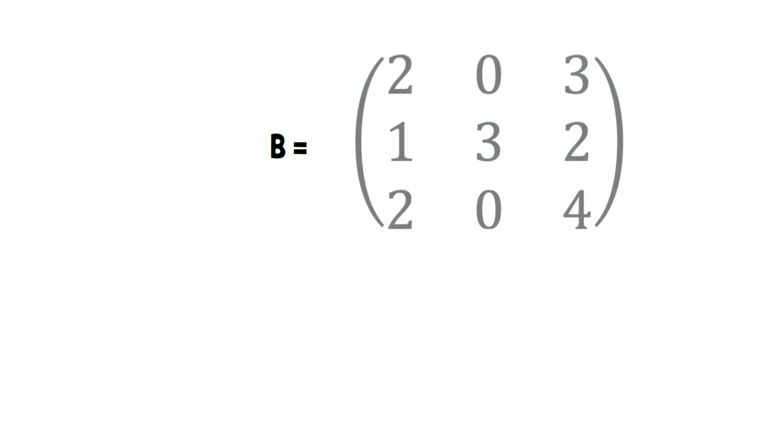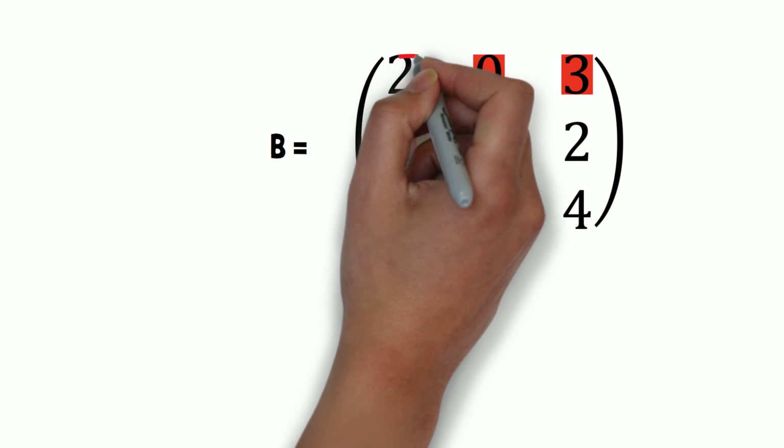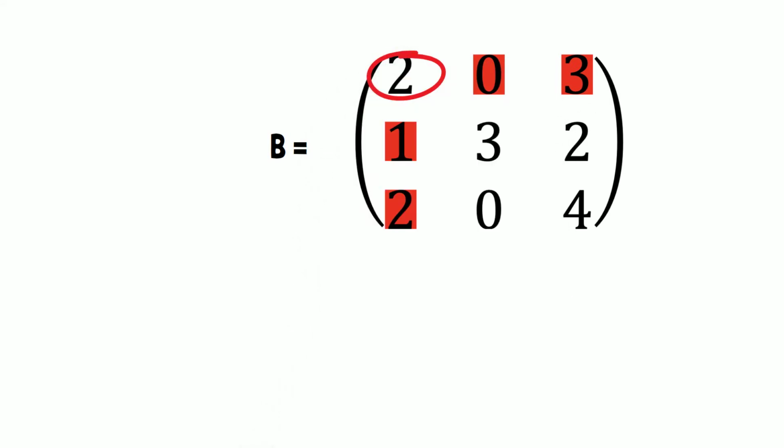Let's now use a simple numerical example. On your screen you can see matrix B, consisting of entries 2, 0, 3, 1, 3, 2, 2, 0 and 4. If we follow the rules we previously stated, we get to this. We multiply 2 by the determinant of order 2 that appears when we remove the first row and the first column of matrix B. So, 2 times the determinant of 3, 2, 0 and 4.